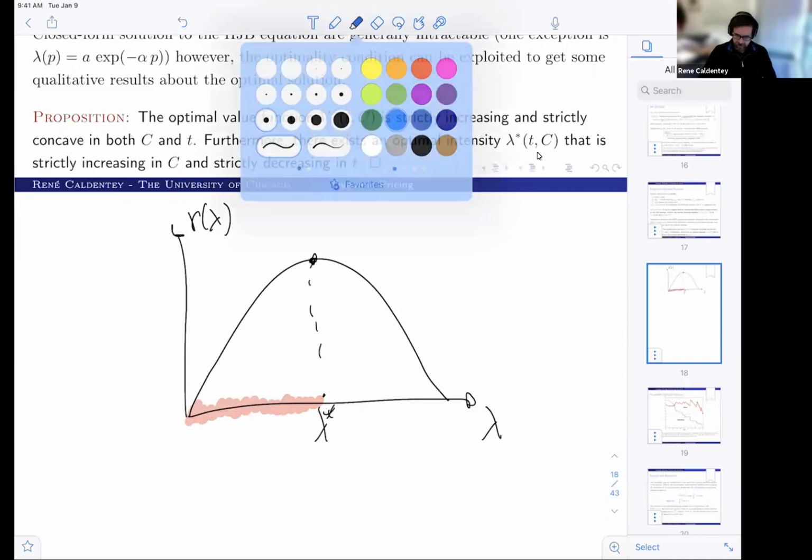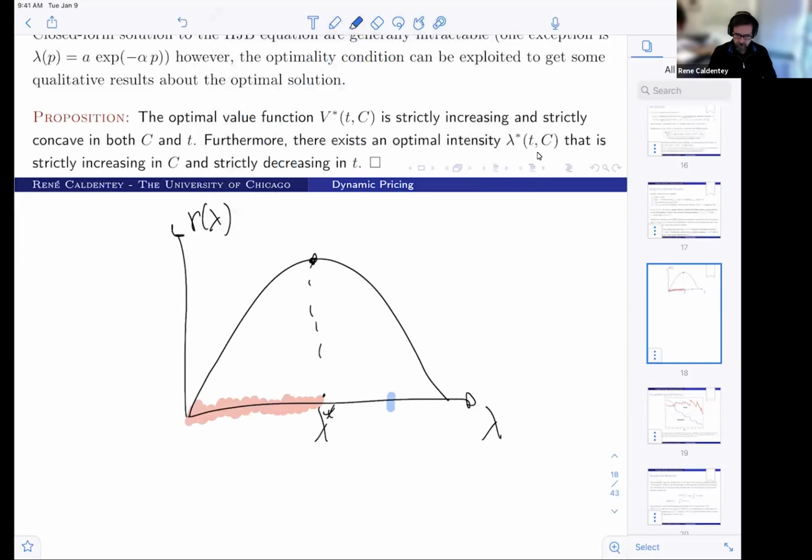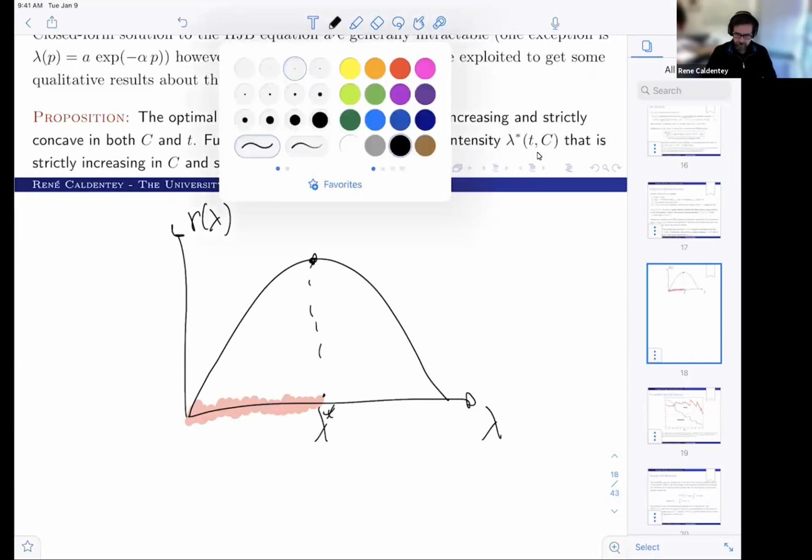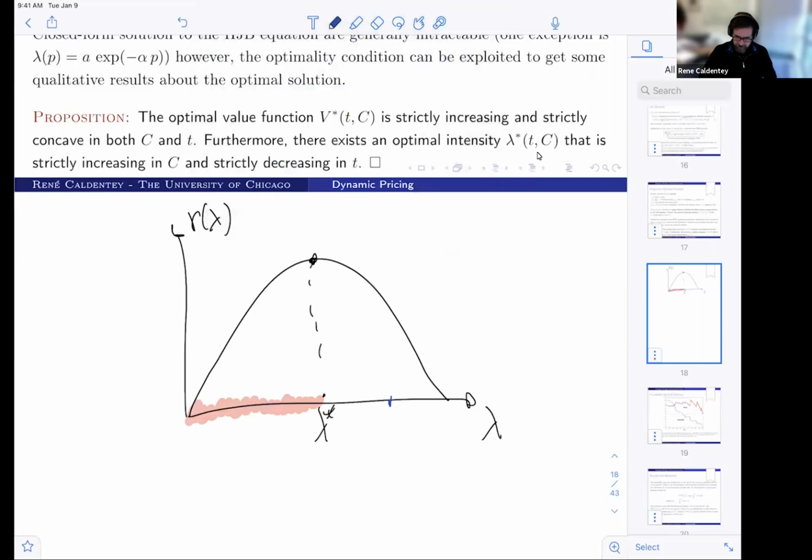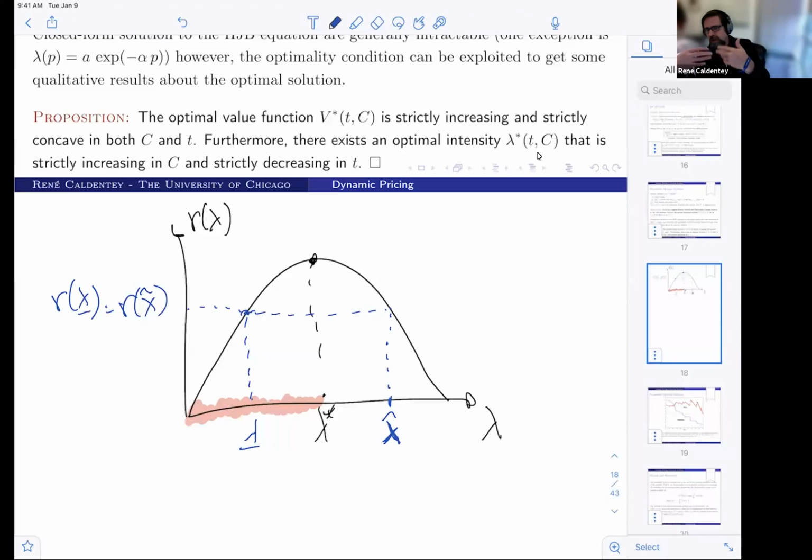And the reason for that is very simple. If you think that this lambda hat here is an optimal selling rate at some point in the selling process, I will come to you and argue, no, look, there's this other rate here, let me call it lambda bar, which essentially gives you the same revenue per unit time if you set lambda bar, right?